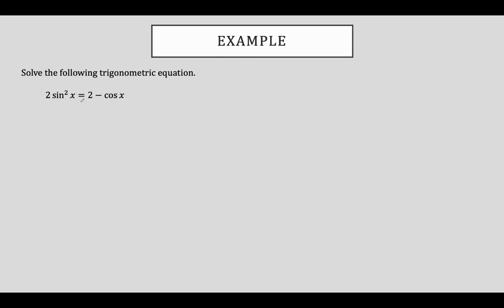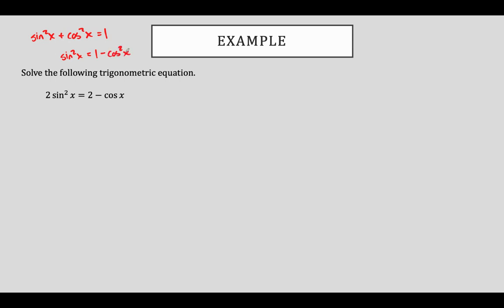Well, we have a sine squared here, and thinking to our Pythagorean identities, we know that sine squared x plus cosine squared x is equal to 1, which means that sine squared x is equal to 1 minus cosine squared x.